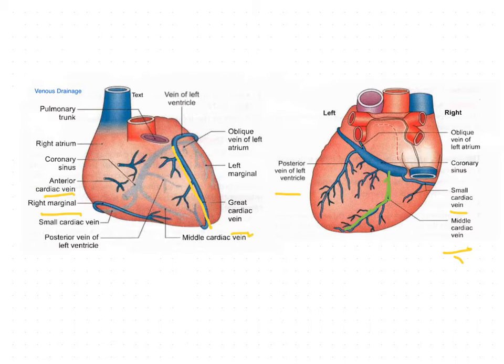Okay. Now coming to the small cardiac vein. Here you can see this small cardiac vein. The small cardiac vein accompanies the right coronary artery in the right posterior coronary sulcus and joins the right end of the coronary sinus.